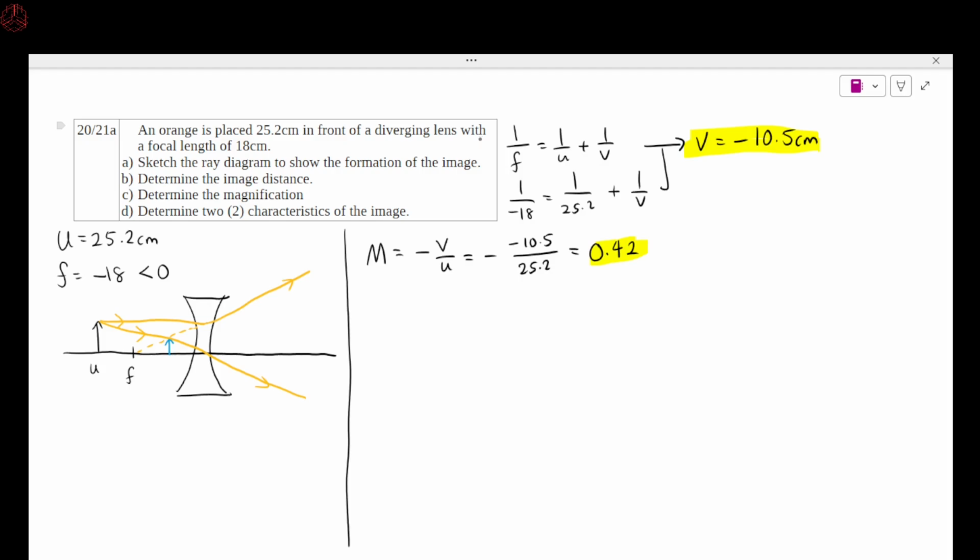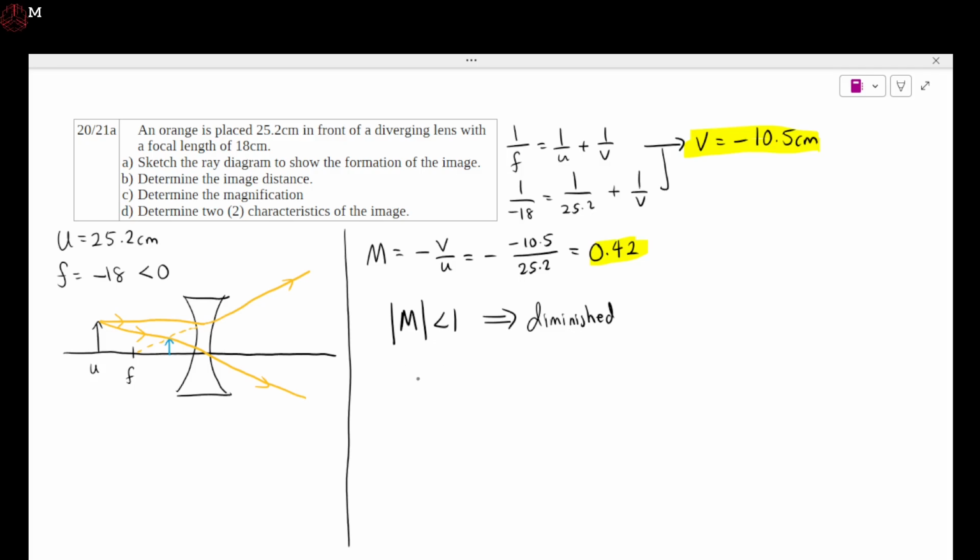Now I need to determine two more characteristics of the image. In fact, I will give you three. The first one being the modulus of m is less than 1, right? It's 0.42. If it's less than 1, it is going to be diminished, smaller than the object.